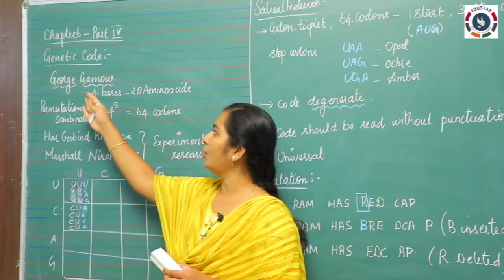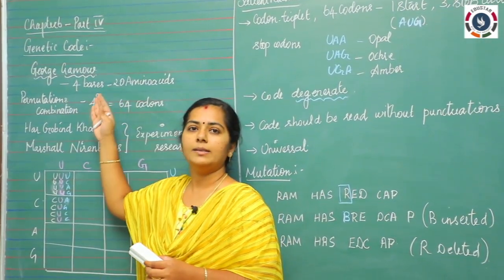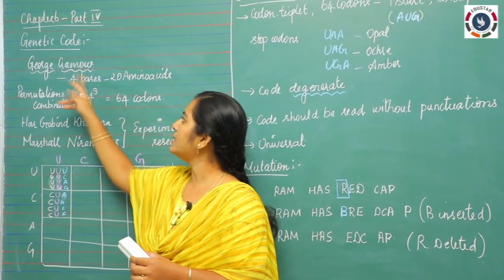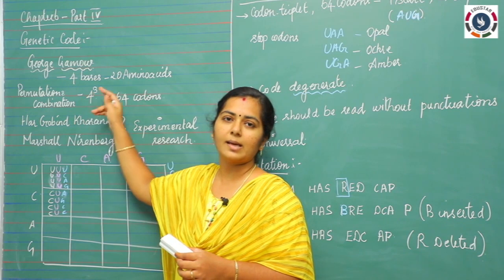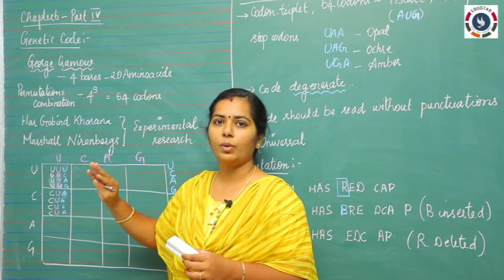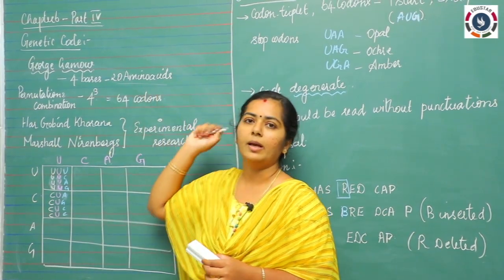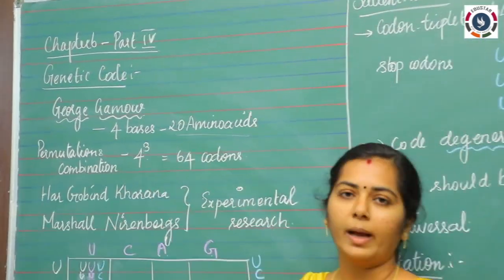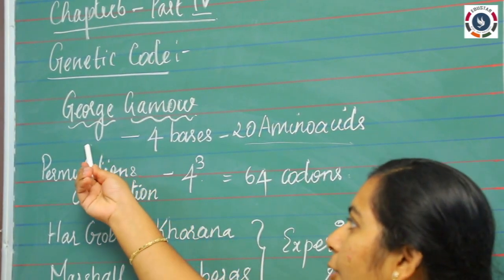What he told is, we know that there are 4 bases, discovered by Watson and Crick. George Gamow said that the 4 nucleotides are adenine, guanine, cytosine and thymine. These 4 nucleotides only have to code for our 20 amino acids. So how can those 20 amino acids be coded? He is basically a physicist.